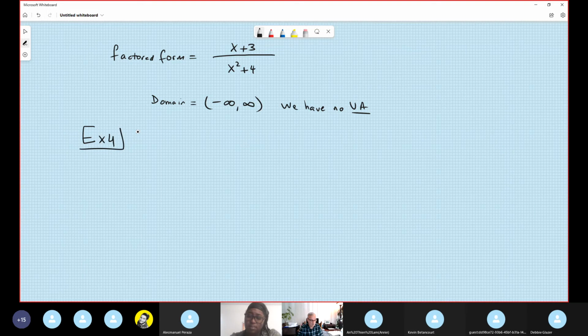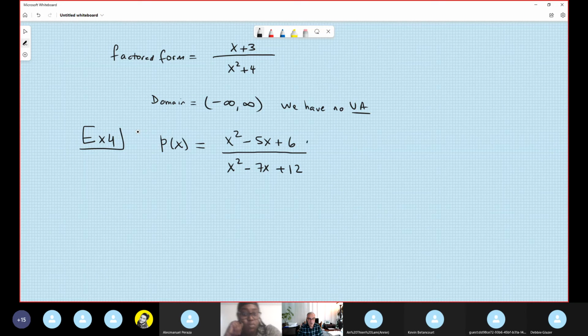Example 4 is a rational function p, x squared minus 5x plus 6 divided by x squared minus 7x plus 12. This is given, and the test is rational, degree 2, the degree of the polynomial at the top, and degree 2 is also the polynomial at the bottom. It's a coincidence, and let's see what happens with this coincidence, but not today.